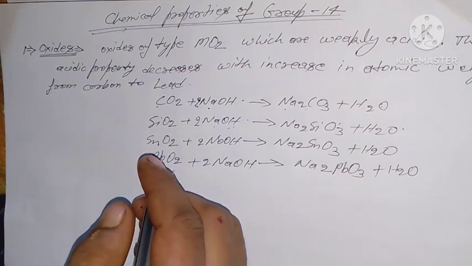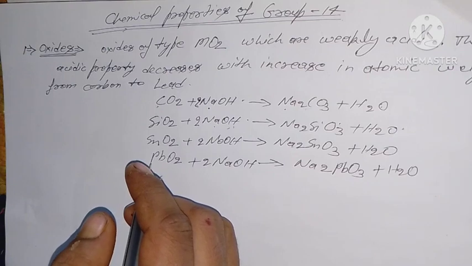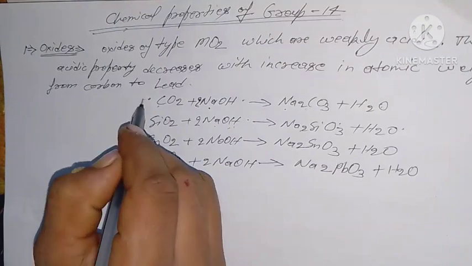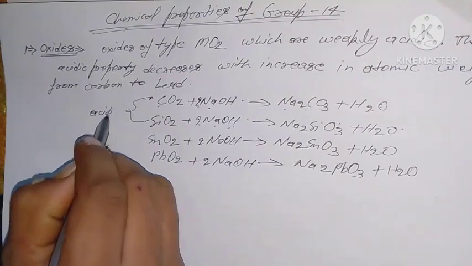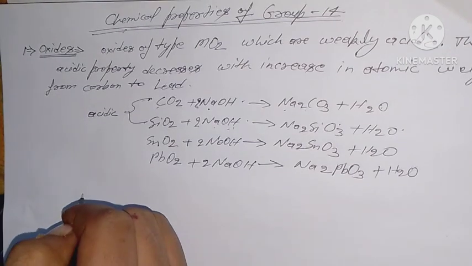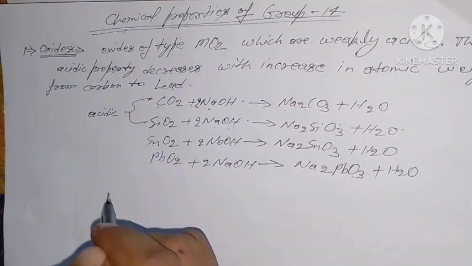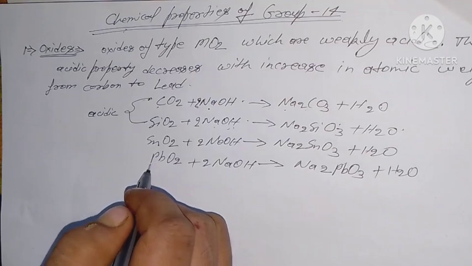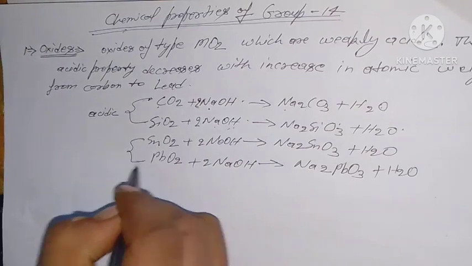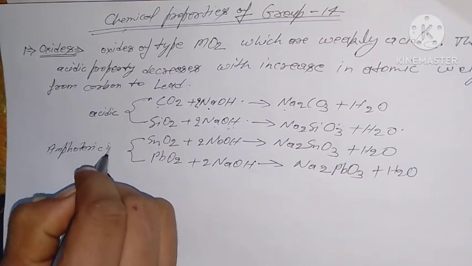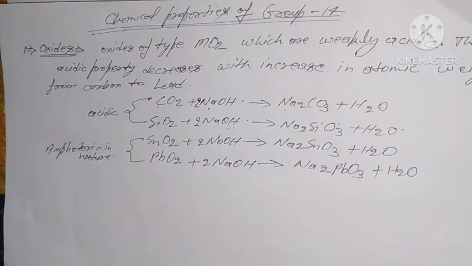Carbon dioxide and silicon dioxide are acidic, and germanium dioxide is less acidic, and tin dioxide and lead dioxide are amphoteric in nature.